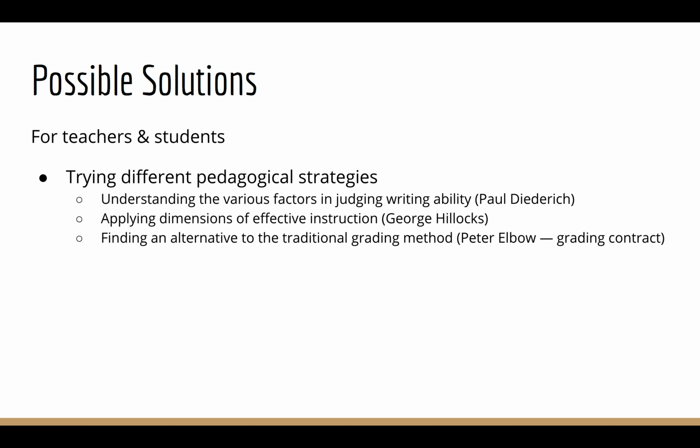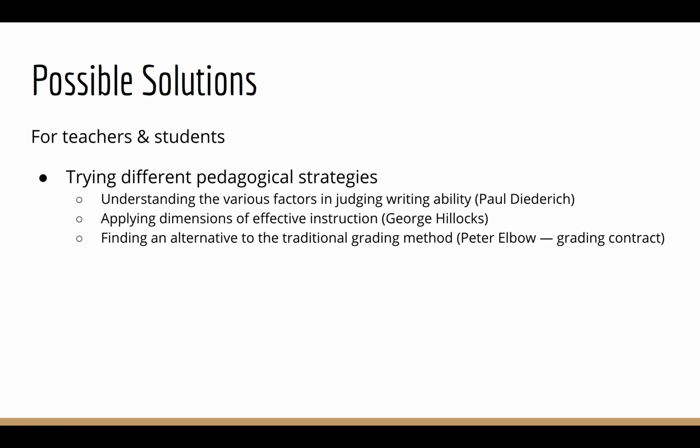So, what are some possible solutions or possible ways to think about grading writing and how we judge writing? Well, I propose that we try different pedagogical strategies. We can take a look at the various factors that are involved when judging writing ability and make it really clear in class what we are looking for as we are grading their essays.